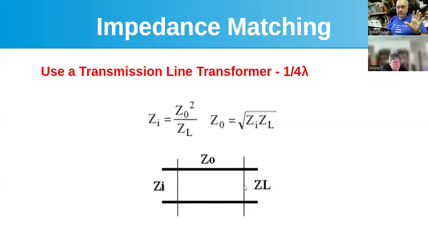It will almost magically give you an impedance match from the 50 to the 100. It's not exact, but it's close enough. So it's a very easy way to do impedance matching. So instead of having a 2-to-1 SWR, you can get down to almost a 1-to-1.